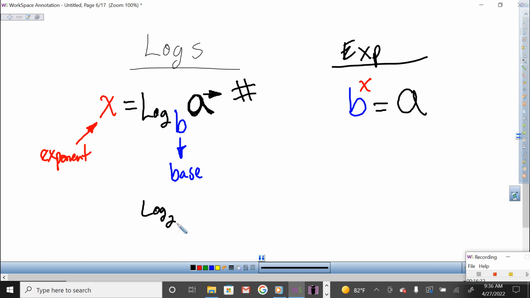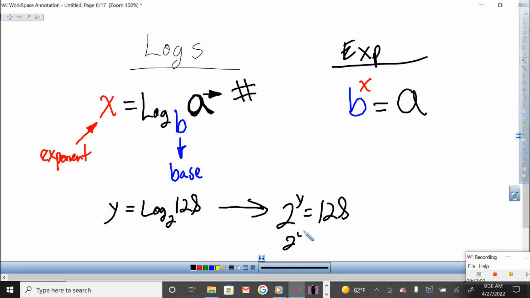Warm-up was log base 2 of 128. So when we got to these, the first thing we needed to do is change it into an exponential, which means we set this equal to a variable, and we usually put a y. So can we rewrite this as an exponential? Yes. It's 2 to the y equals 128.